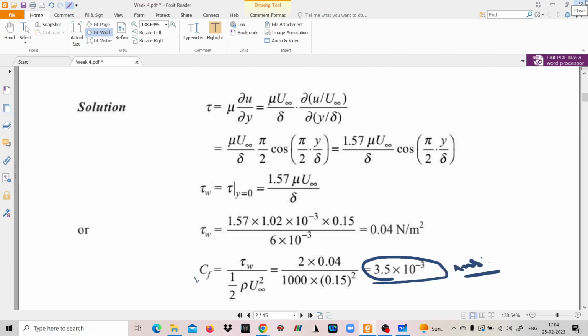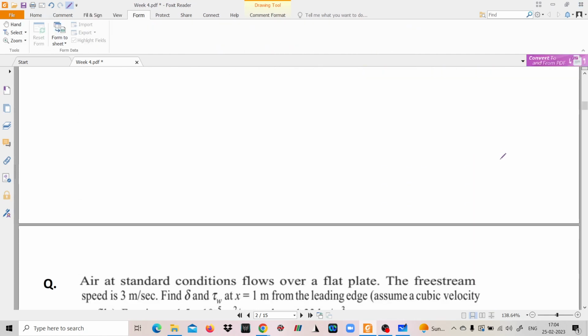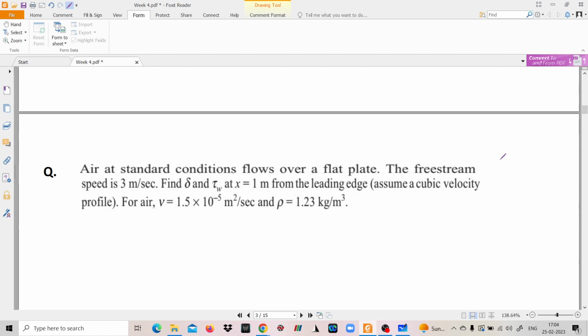Is it clear? Okay, so if there are no doubts, then we can move. Again, it is a very simple problem, so I'm sure that it is clear to everyone. Let us move to the next problem.